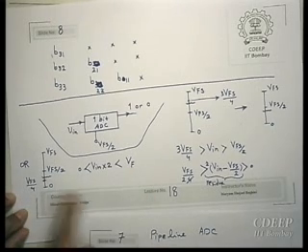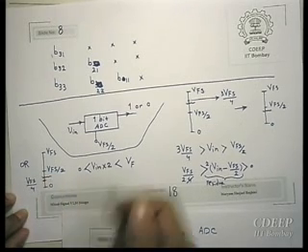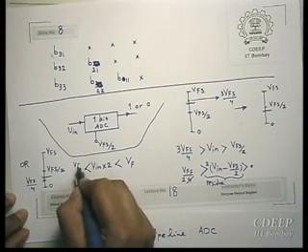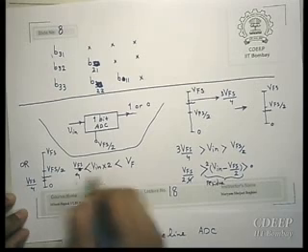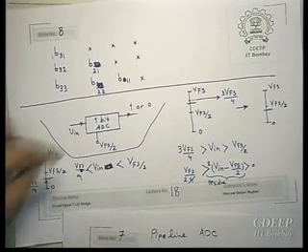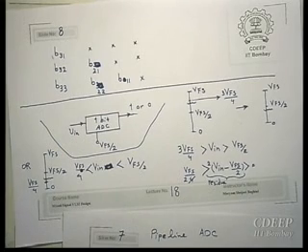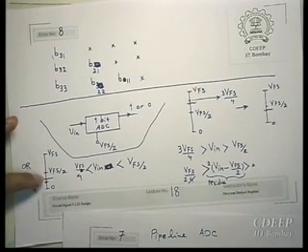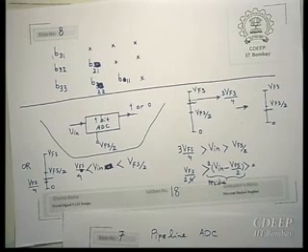Suppose your V in is between V full scale by 4 and V full scale by 2. However, when you give it to the 1 bit ADC, it will give you 0 because your input is less than V full scale by 2. Now we want to compare it with V full scale by 4, but we don't have V full scale by 4.